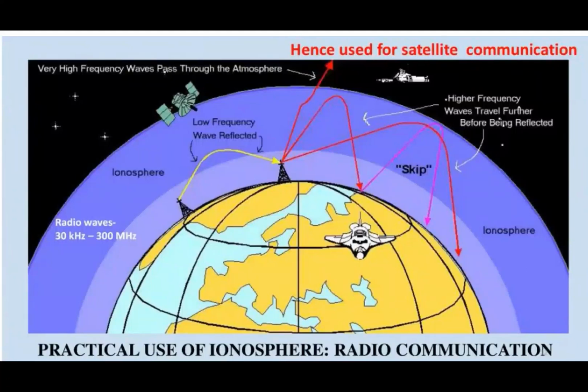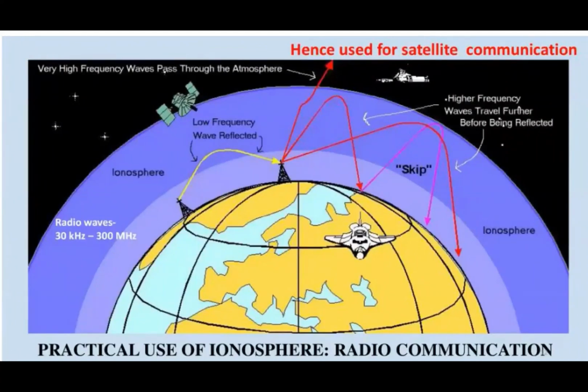In general, radio waves are from about 30 kilohertz frequency to about 300 megahertz. But different wavelength regions are named differently, like very low frequencies, which are lower in frequency. Then you have what is called high frequency, and then we have very high frequency.